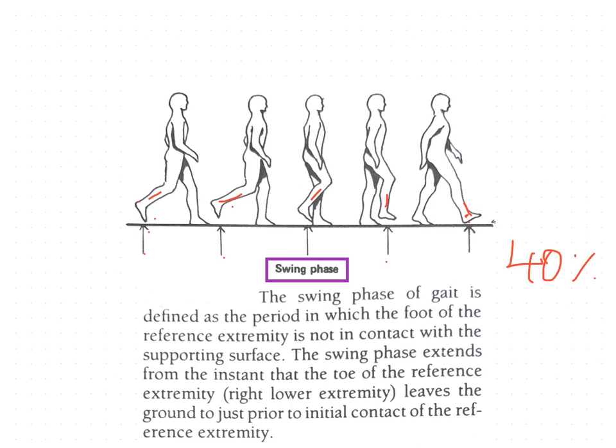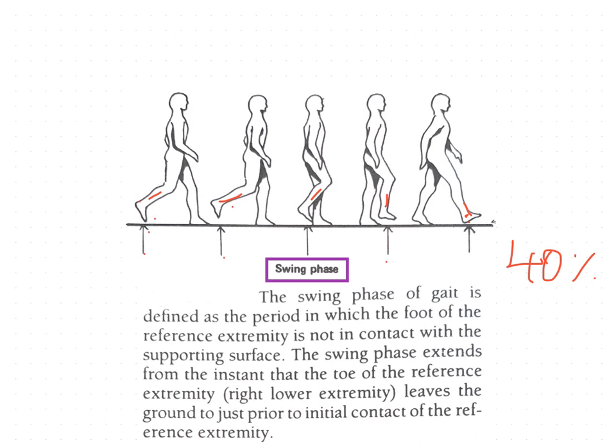The swing phase of gait is defined as the period in which the foot of the reference extremity is not in contact with the supporting surface.